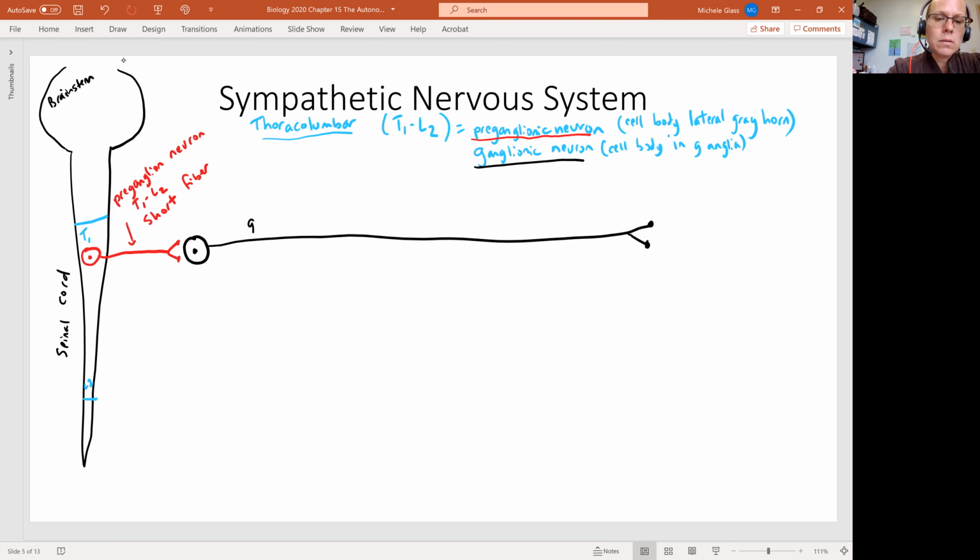So this one is my ganglionic neuron. It's located in the ganglia, and we're going to talk more about that in just a little bit. And then we're going to see it has a long fiber. And what we're going to see also is that the ganglionic neuron is going to synapse at the effector.